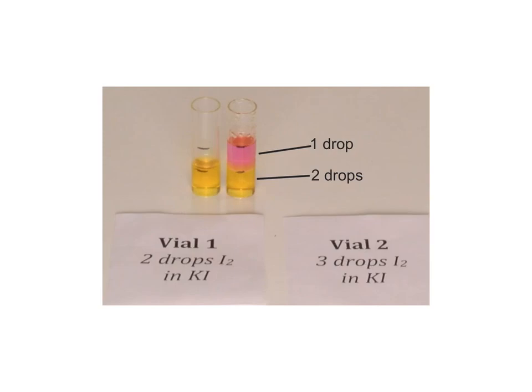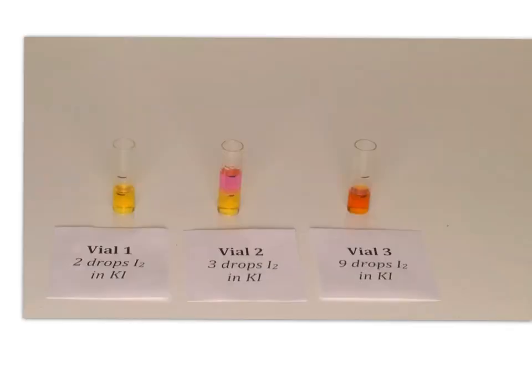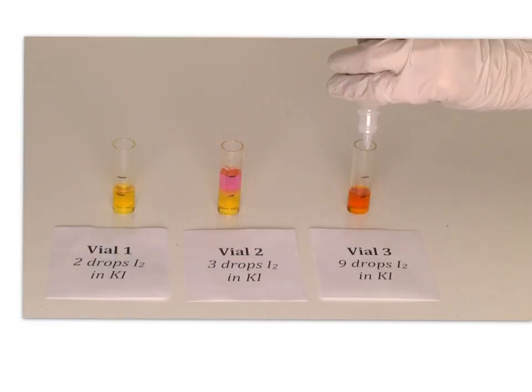If 1 drop of iodine saturates the hexane layer, then we would expect the intensity of the color in the hexane layer in Vial 3 to be the same as that in Vial 2. An equivalent amount of hexane is added to the 3rd vial.